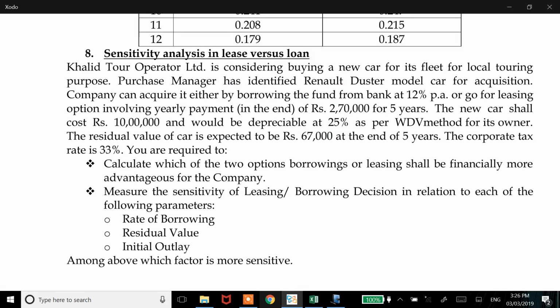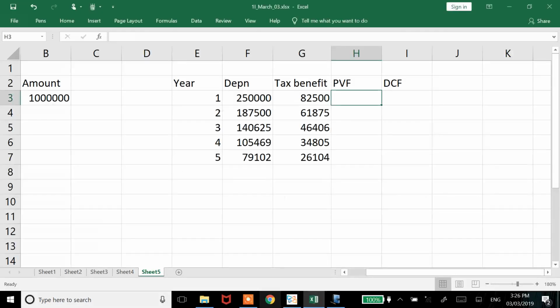The discount rate would be 1 minus after tax cost of debt, which is 12 into 67%. This is how your depreciation tax benefit would be.